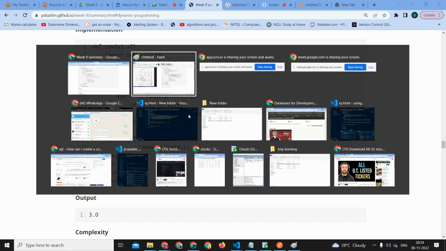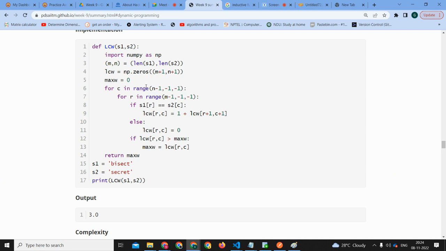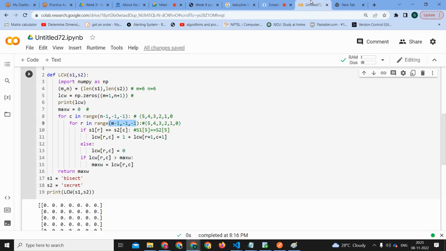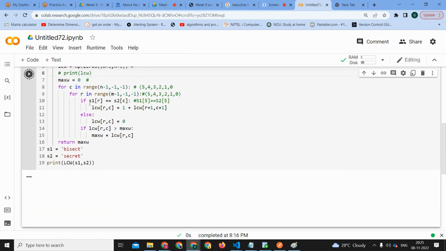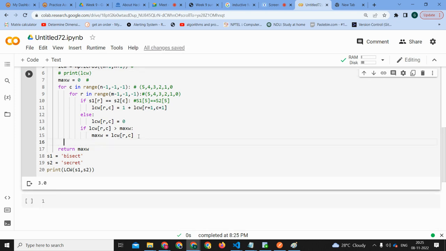Yeah, sir. In the output, everything is 0, 0. Can you please run this again? Yeah, sure. That's because I put it here, while initializing the LCS. You want to see how it's going to look at the end.